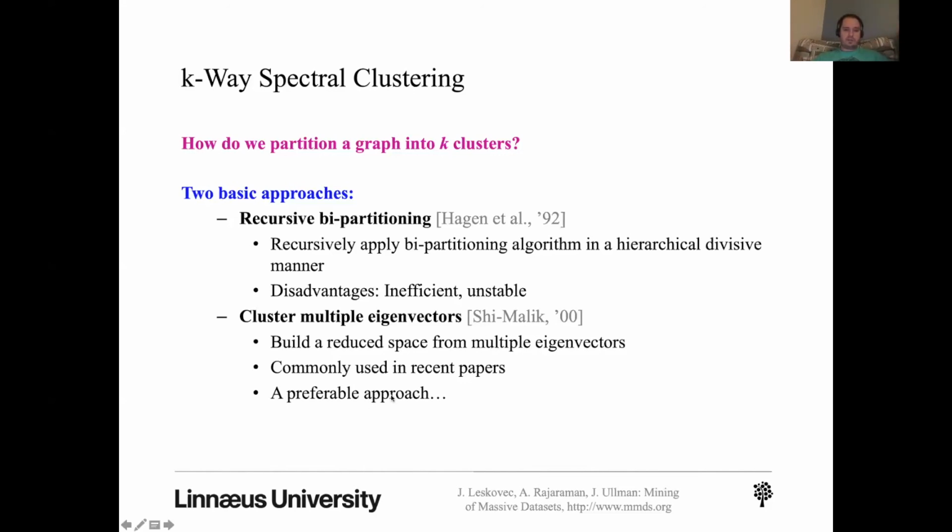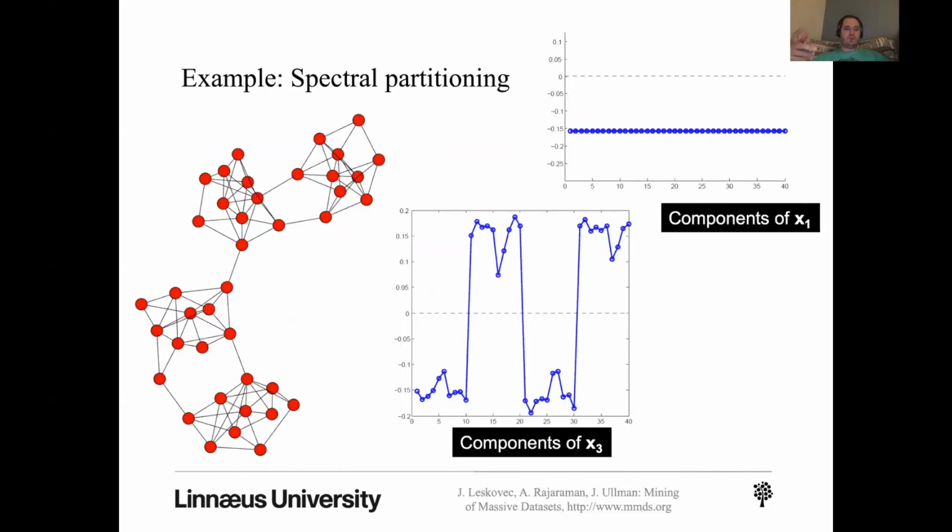This is more commonly used in recent papers, and it's a preferable approach because usually you get better solutions: when you embed a node into more than one dimension, they have more room to arrange themselves. And then, who knows, they could be better separated.